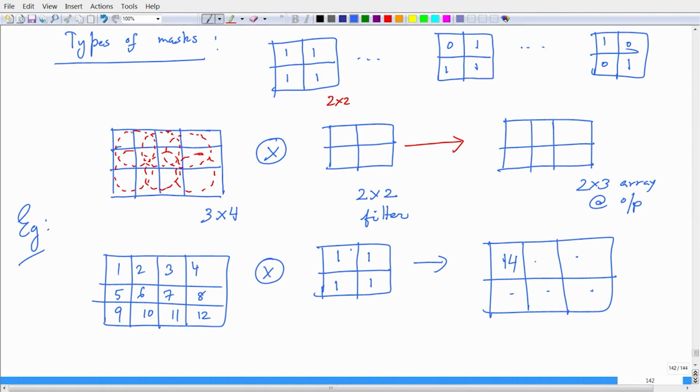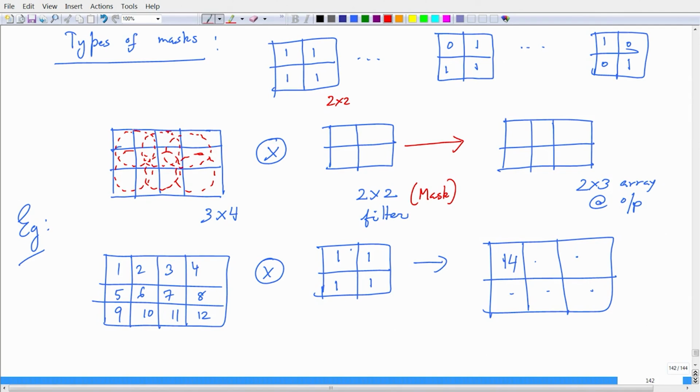So, let us imagine I have a 3 by 4 array and I have a 2 by 2 mask. This is a mask filter, and I slide this on this 3 by 4 grid, I get a 2 by 3 array at the output. You can see and you can sense this.